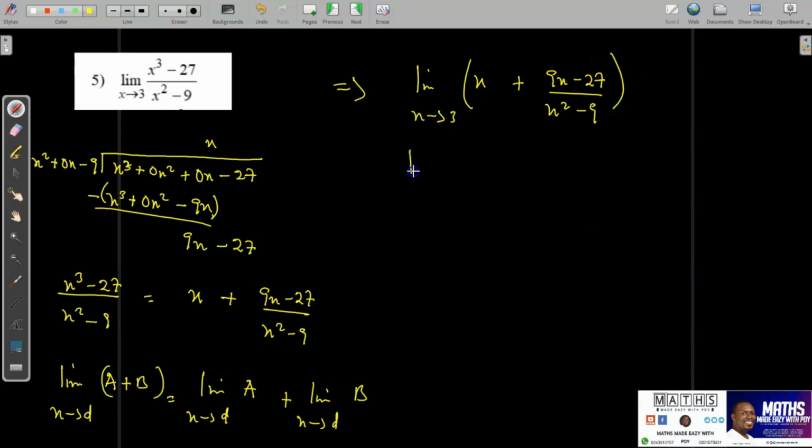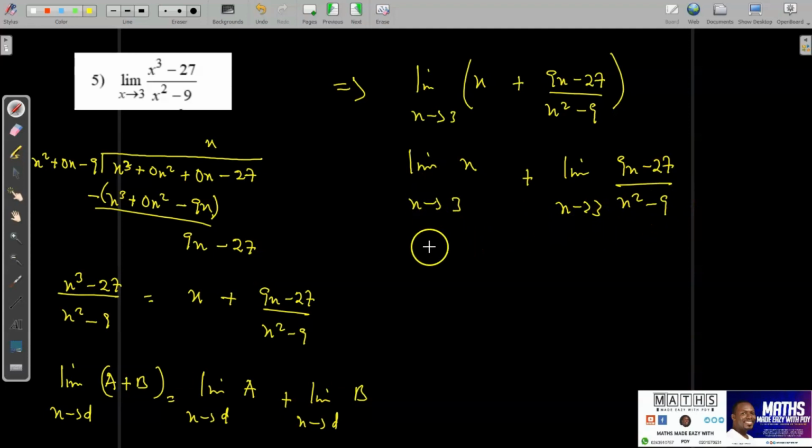Now we can split it and have it as the limit of x as x approaches 3 plus the limit of 9x minus 27 all over x squared minus 9 as x approaches 3. So at this point, you can go further and break down this factor here. And how do we break it down? We can factorize directly. Because if you substitute 3 there, you're still going to end up getting 0 over 0, which is undefined. So you need to factorize and break it down.